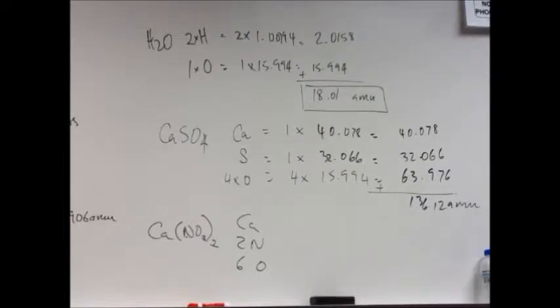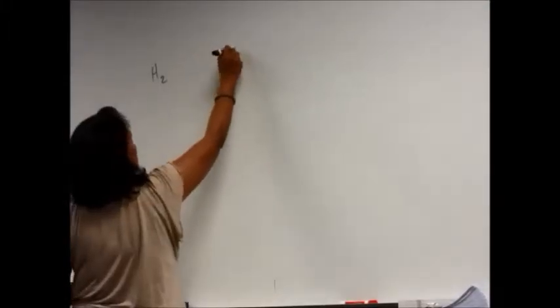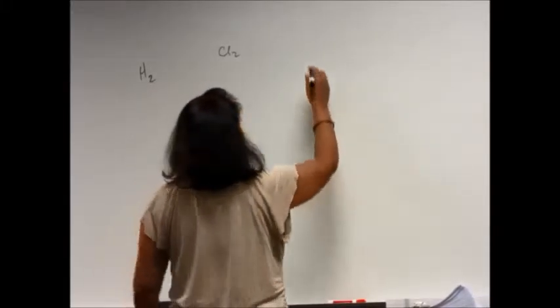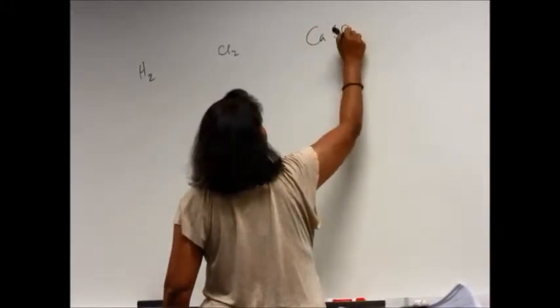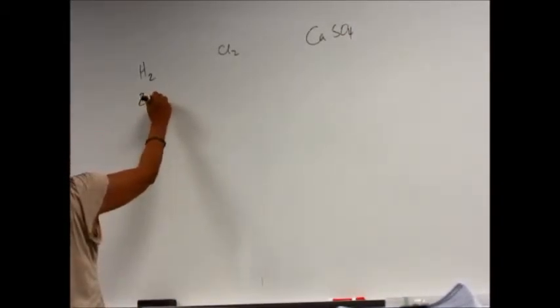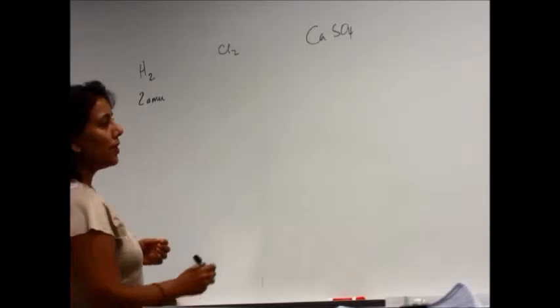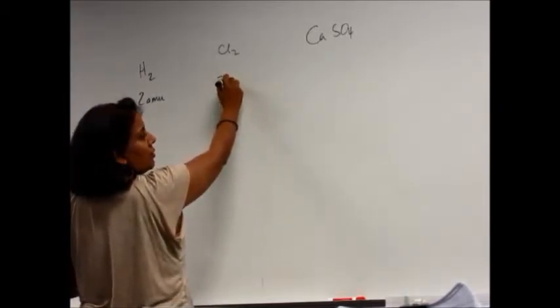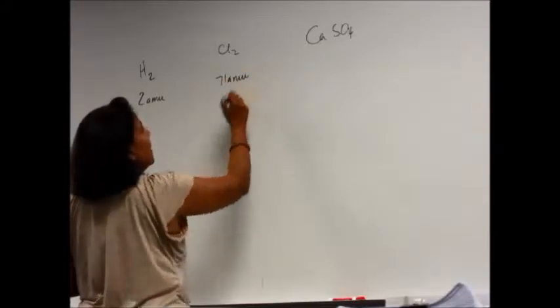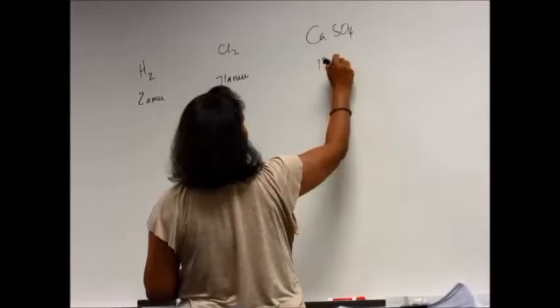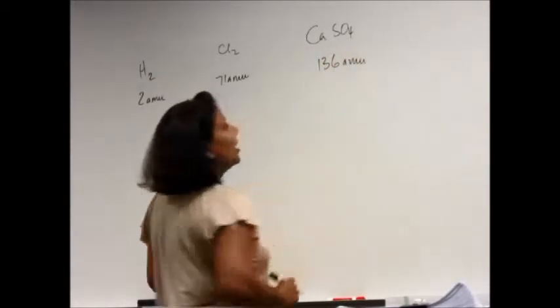Okay, so now let's talk about mass in general. We will take calcium sulfate because we've done this one. Hydrogen is about 2 AMU. Chlorine is about, what is it, 71, let's just round it off. And calcium sulfate is about 136 AMU.